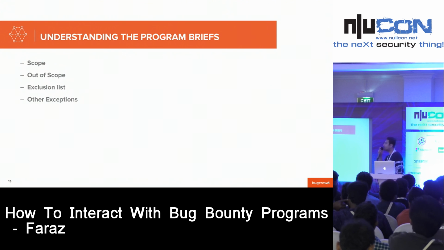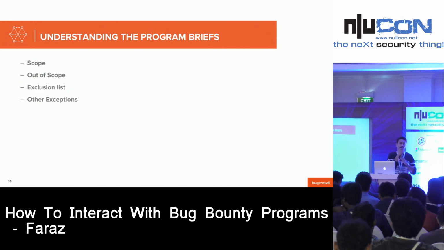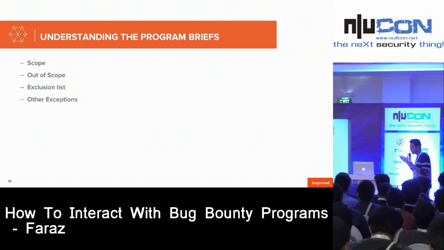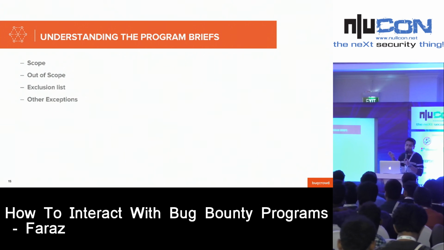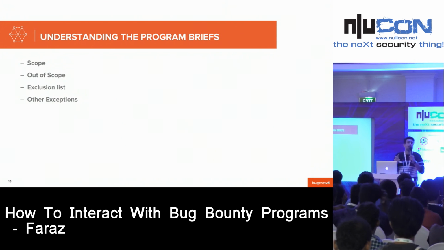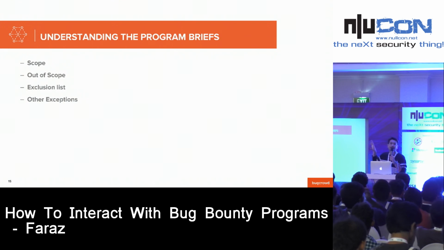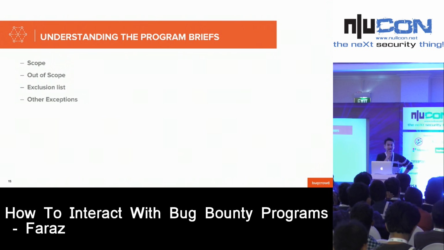Exclusion list. There is an exclusion list in many of the programs. They exclude the submissions they don't want to patch or fix, like lower risk according to their own application. These exclusion lists are always prioritized over the taxonomies and standards. Does anybody know about any taxonomy online? You guys check any taxonomies, standards, OWASP, VRT? You do, right?